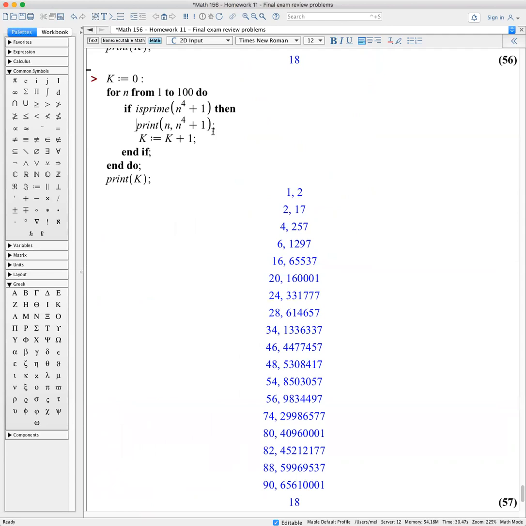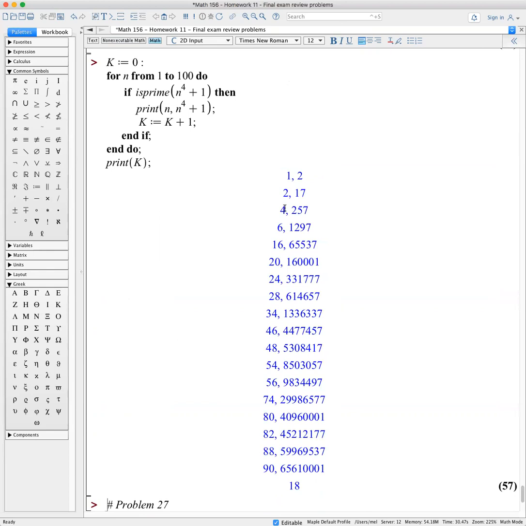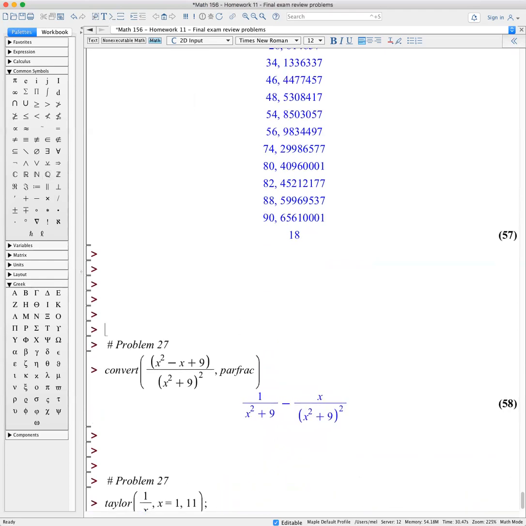Print n and n to the fourth plus 1, and print out k. Okay. So for these values of n, here's the value of n to the fourth plus 1. These are the primes, and there are 18 of them. That's very pretty. That's problem 23.